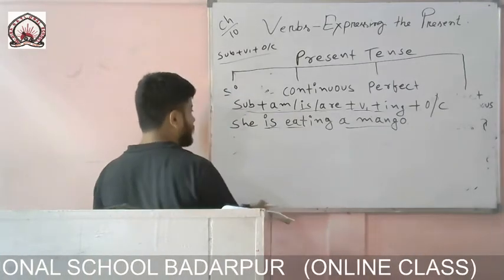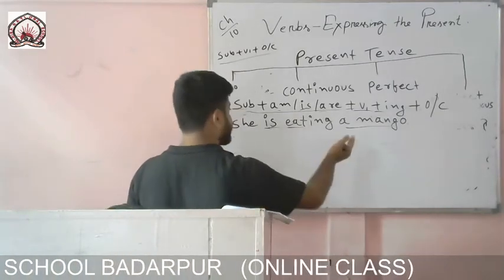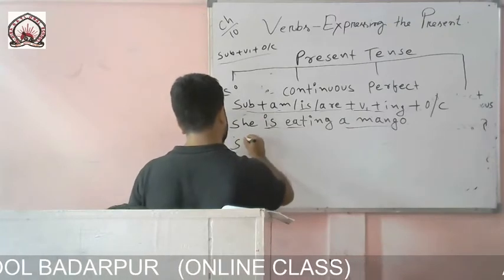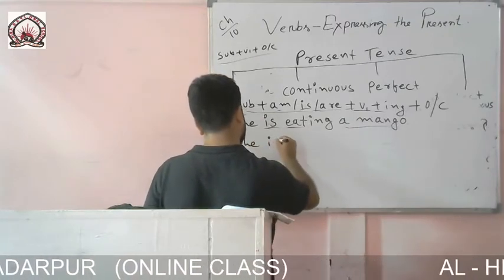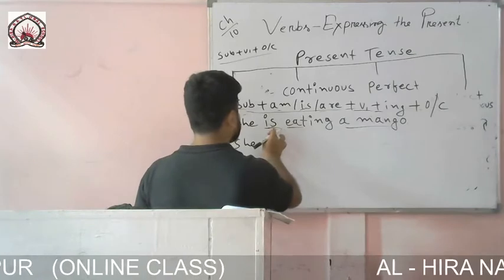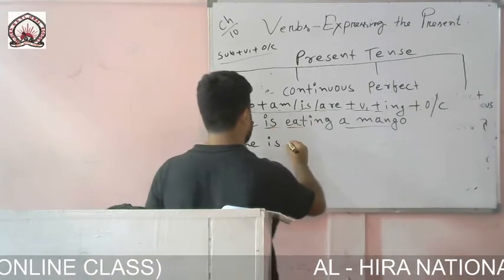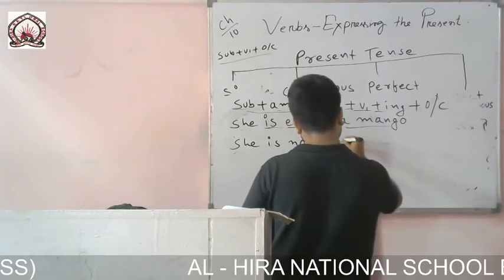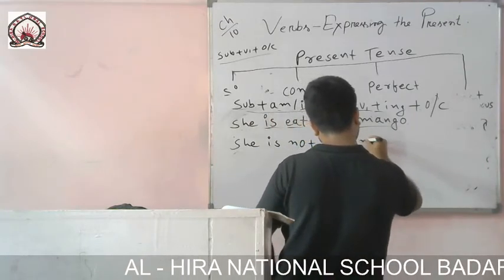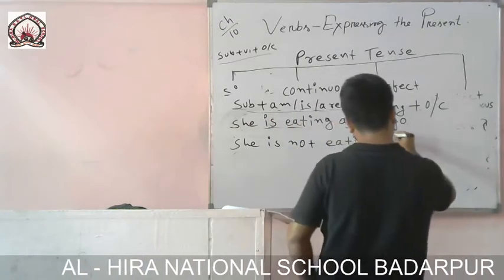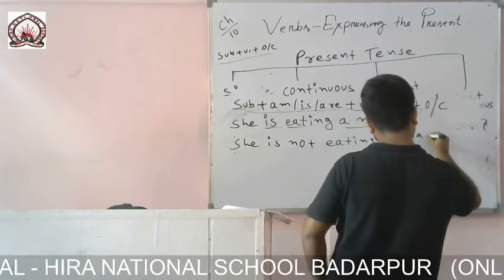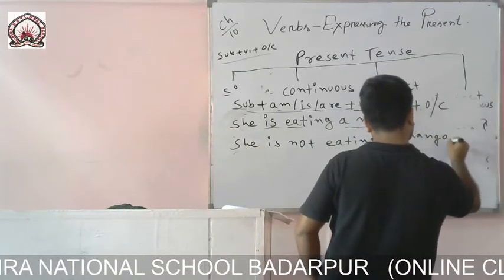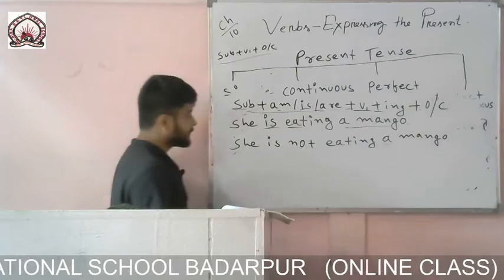Now we will transform it to negative. It's very easy. After the auxiliary verb and before the verb we have to write not. She is not eating a mango. M-A-N-G-O, mango.